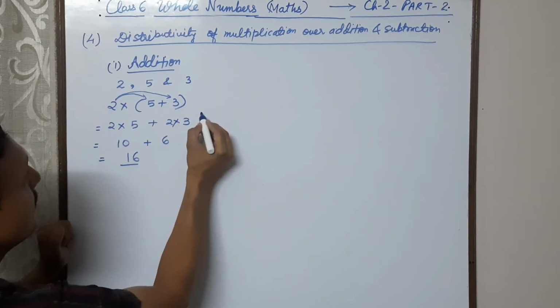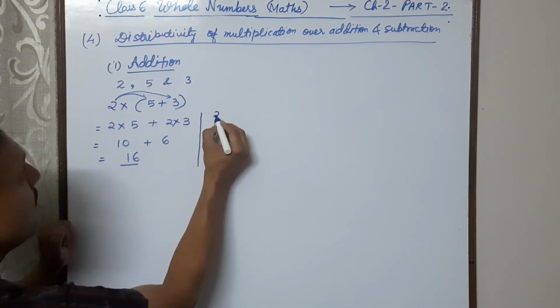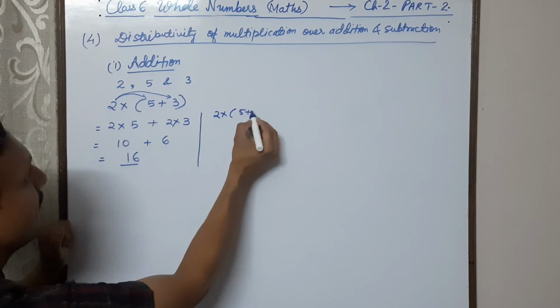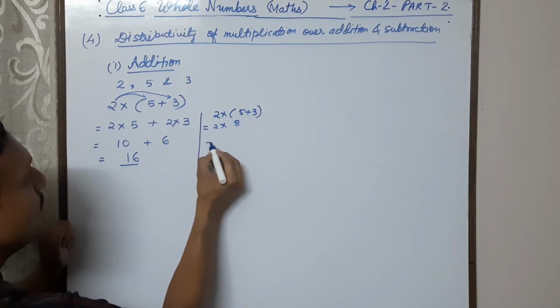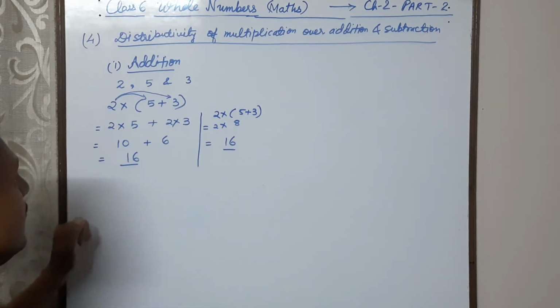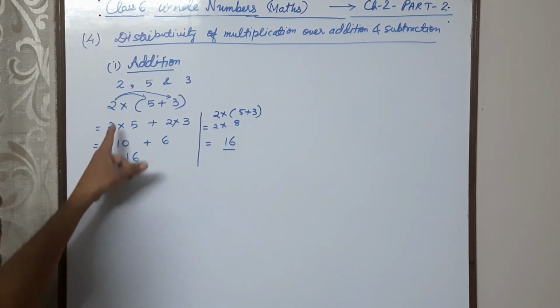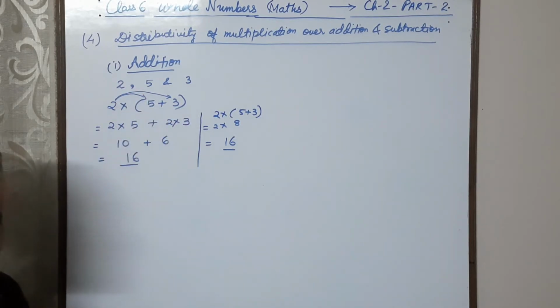This is the first one: 2 into 5 plus 3. 5 plus 3 is 8. 2 8s are 16. So we are getting the same result. Therefore, this property is known as the distributive property.